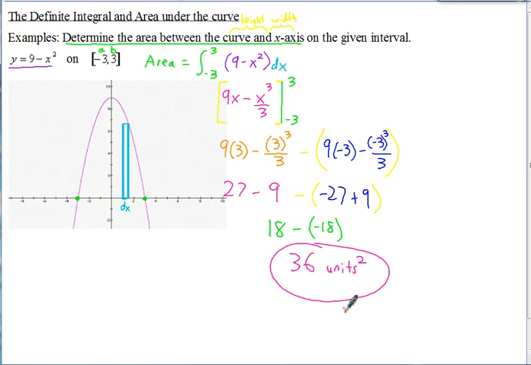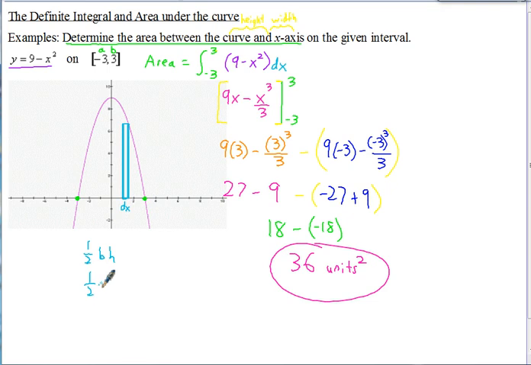Now, it's not always going to work out to be a nice, perfect integer like this, 36, and we can get fractional answers. That can happen. If you want to see if this answer seems reasonable, well, just think about, what if this was a triangle right here? Well, if we had a triangle right here that kind of follows the shape, it'd be 1/2 the base times the height.